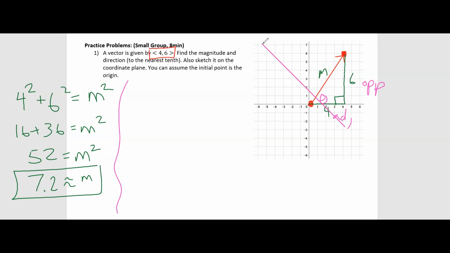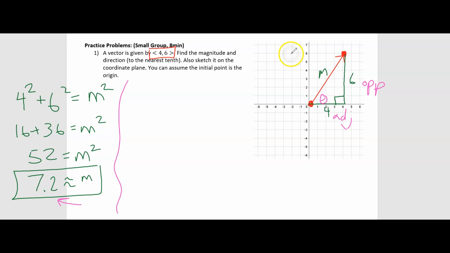This side would be the adjacent. Yes, you could use the hypotenuse. However, the hypotenuse we rounded here to 7.2. So unless you were going to use the square root of 52, the exact number, in your trig equation, I would just stick with the opposite side and the adjacent, because those are exact answers, whereas 7.2 is rounded. And if you use a rounded answer in your equation, then your final answer isn't going to be as exact as it could be.